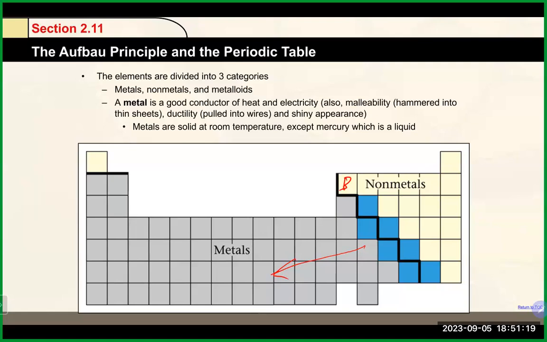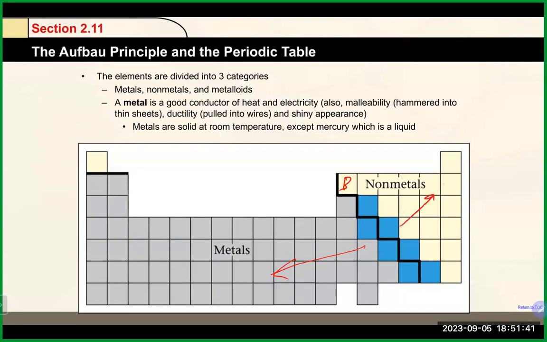They can be pulled into wires. They have a shiny appearance. Most metals at room temperature are solids, except for mercury, which is a liquid, which is why mercury, for example, on that periodic table is blue, and usually a different color on most of them, but almost all metals are solids.